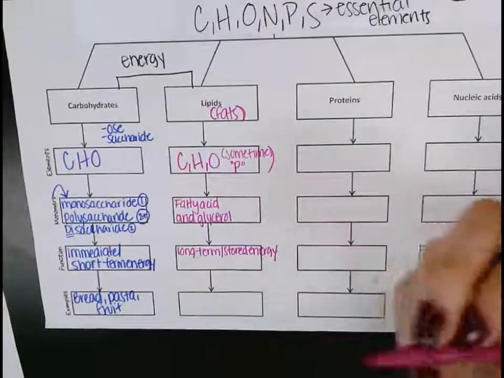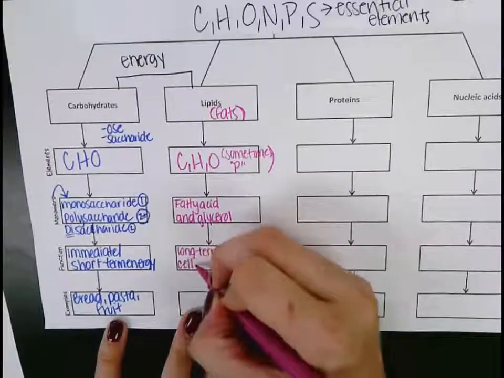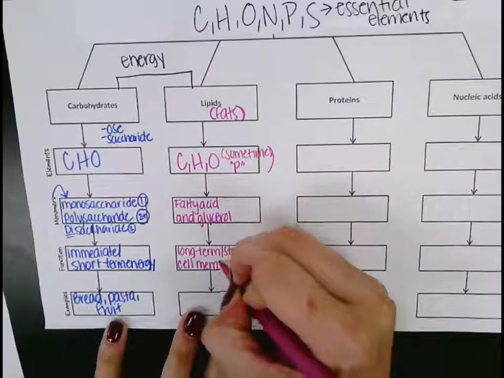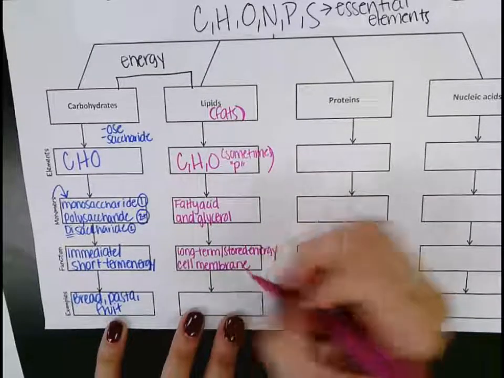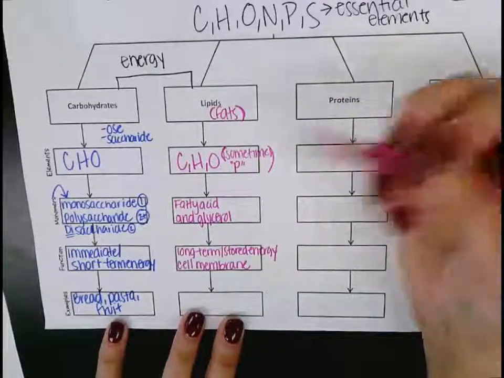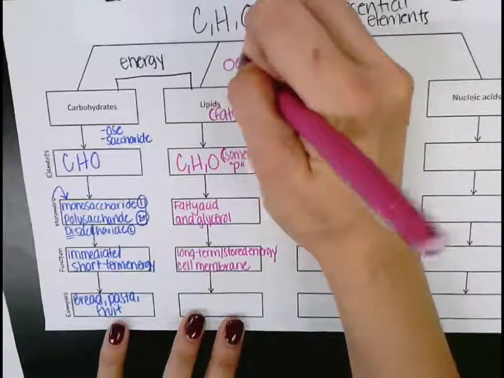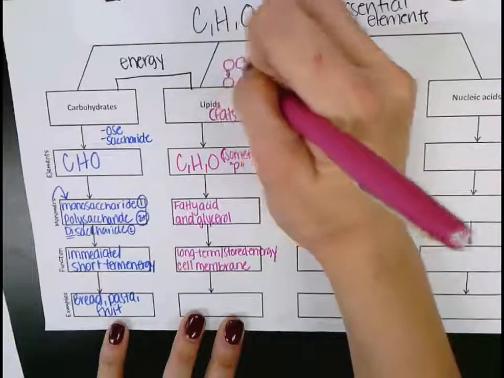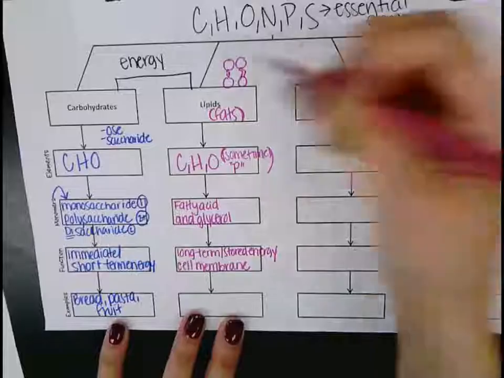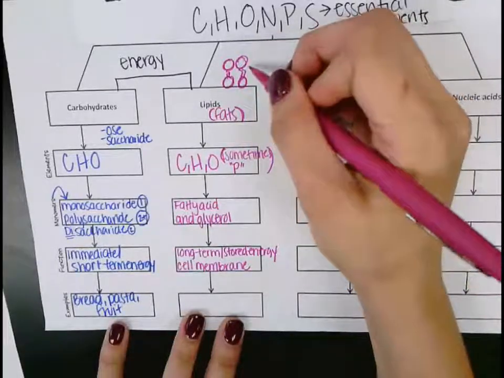and it also makes up that cell membrane or that phospholipid bilayer. That's why, guys, sometimes we have P with lipids, because lipids make up that cell membrane. Remember those pictures that we had? It looked like this. We had those tails and heads, okay? These are the heads. These are the tails.